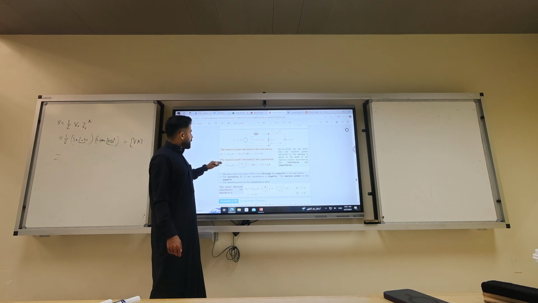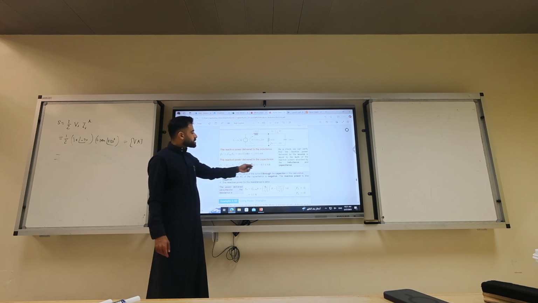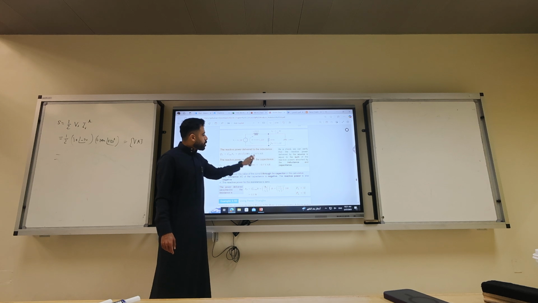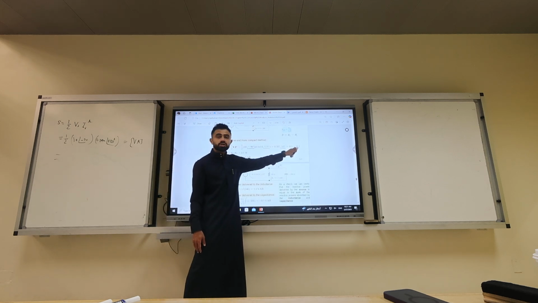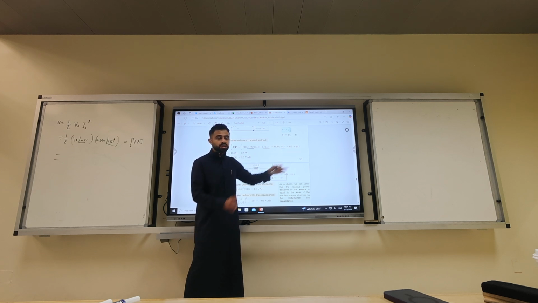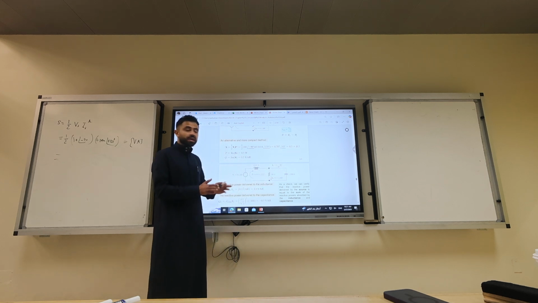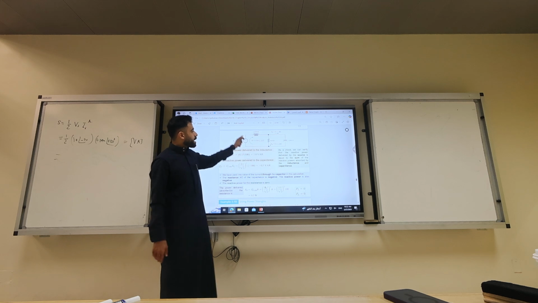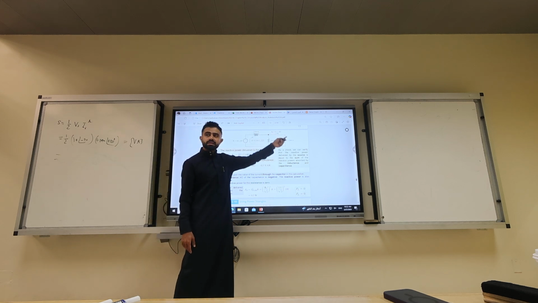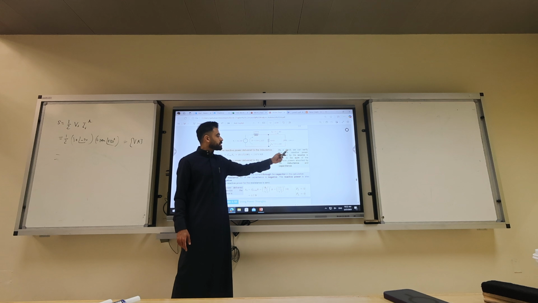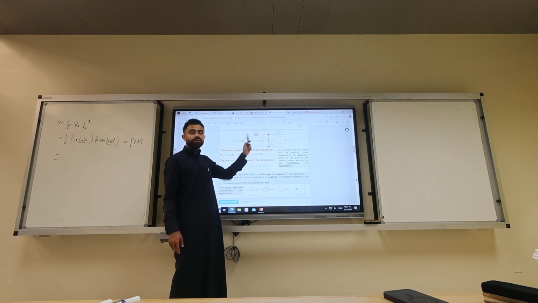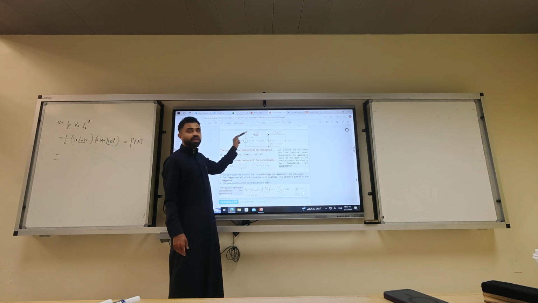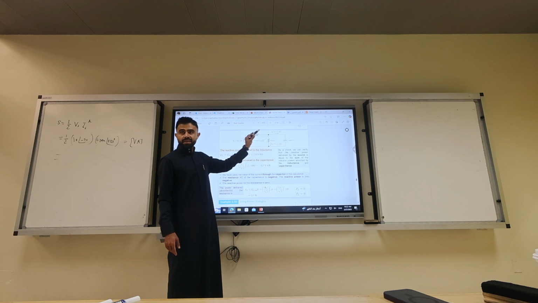And then for the capacitor, it was minus 0.5. 1 minus 0.5 gives you the total from the source, which is 0.5. So the 0.5 became 1 VAR here minus half a VAR here. It means the capacitor supplied the inductor with a half, and the source supplied it with a half VAR, and it was all stored in the inductor.